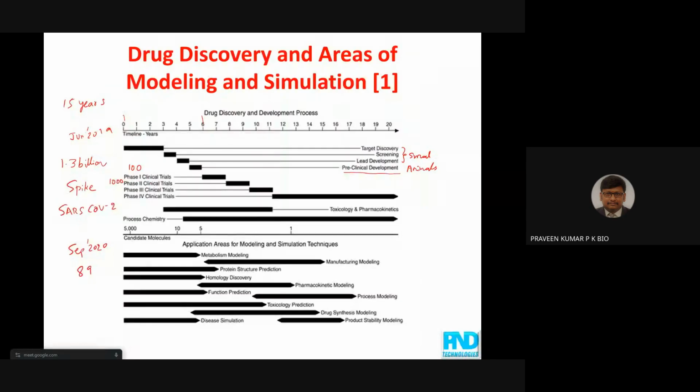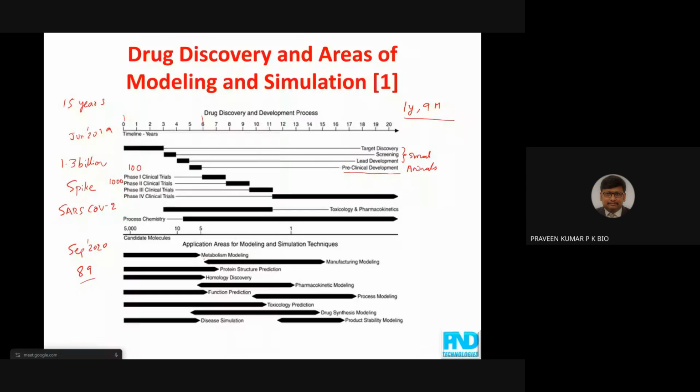So within 1 year, minimum 1 year 9 months to bring a vaccine. But in less than this period, we got 89 vaccines, and so many drugs came into the market for the prevention and treatment of SARS-CoV-2. So rapid development has happened in drug discovery and the areas of modeling and simulation.